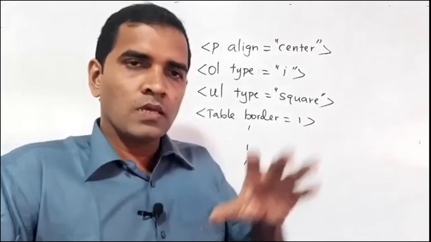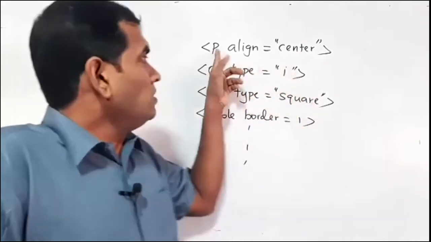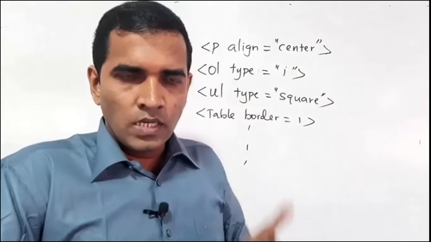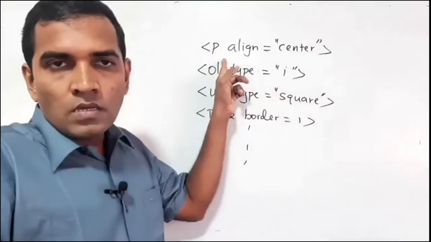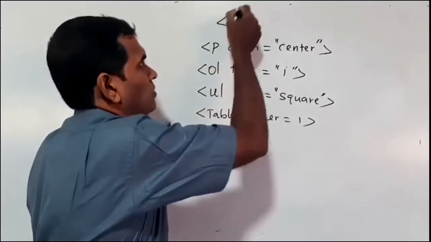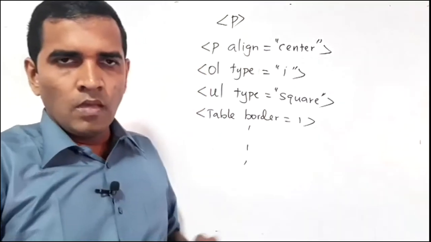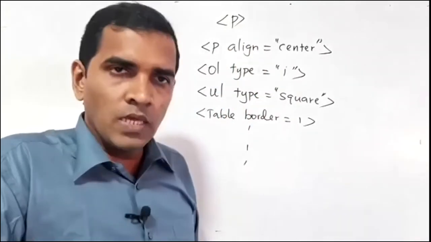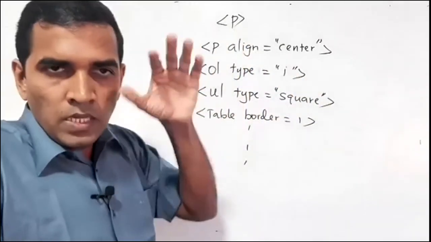Look, attributes are added to the elements, but attributes are optional. If you use only the tag P, definitely it works. You can get the paragraph. But we use align in order to give some additional meaning to the P. But P alone works.